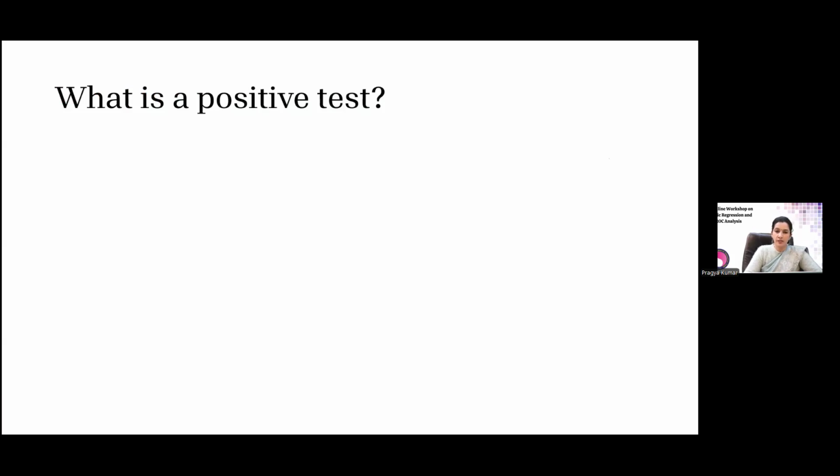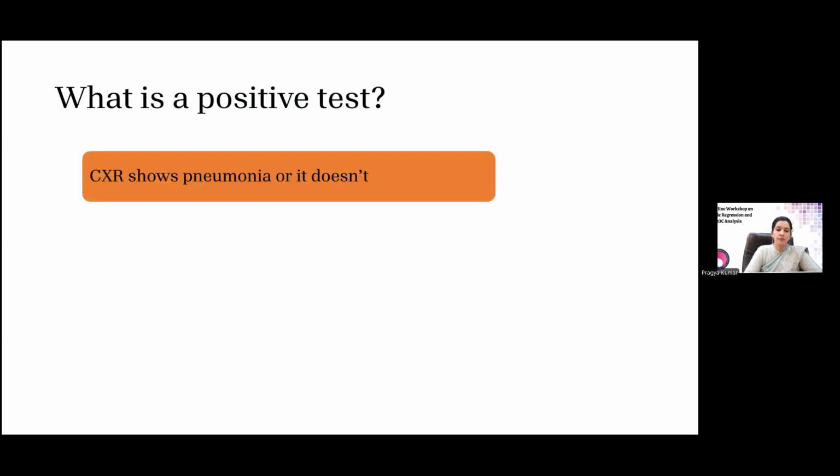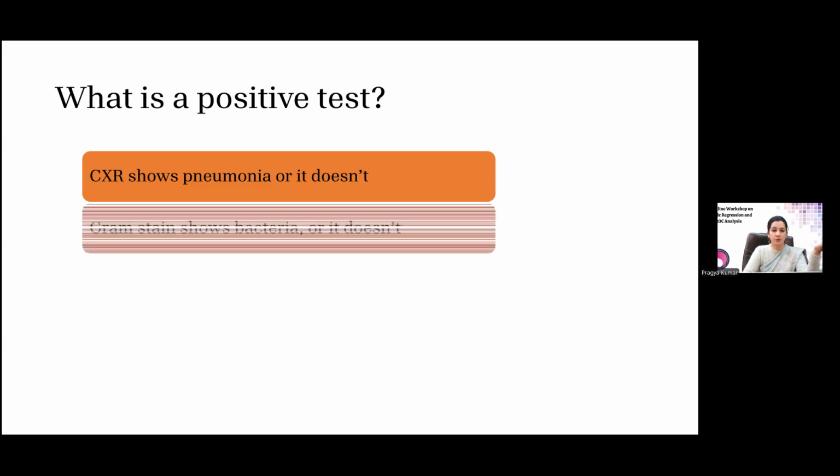So what is a positive test? Like we say, if the person is suffering from pneumonia and you have ordered a chest x-ray, the chest x-ray can show some findings like opacity or consolidation. The clinician reads that chest x-ray and says yes, the x-ray is positive for pneumonia.